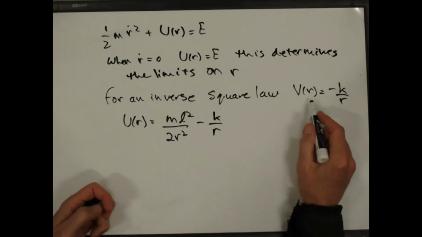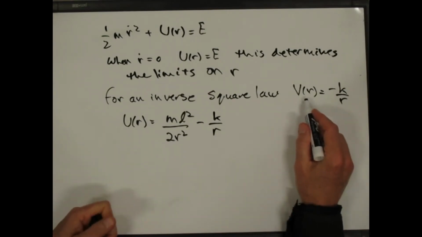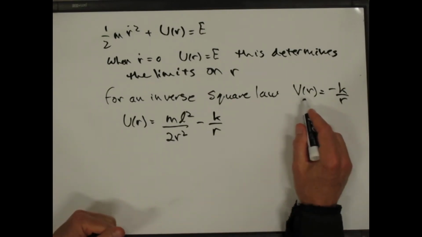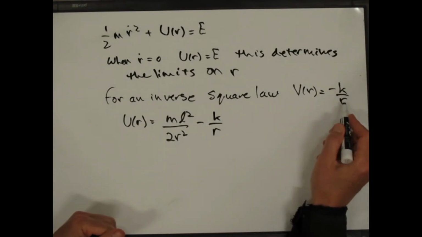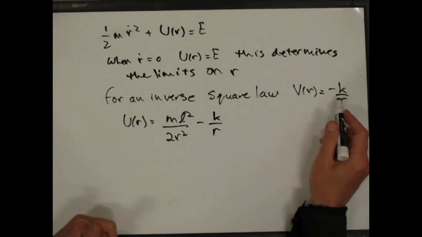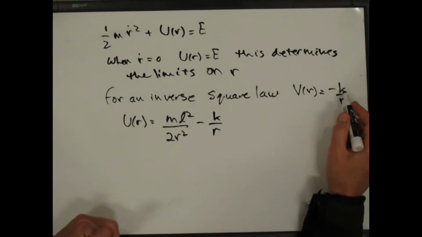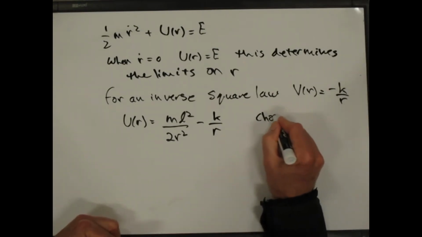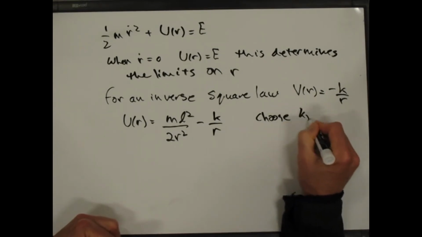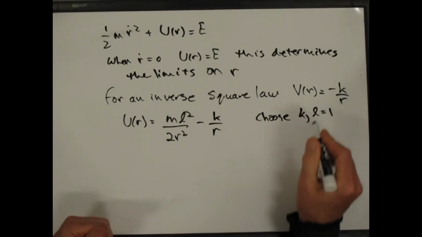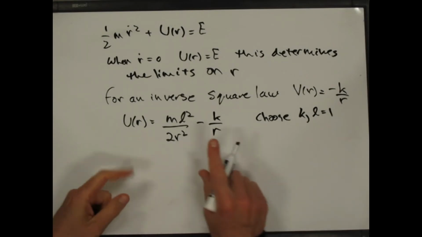And so if we just pick a general form of the equation, and we say, look, the potential energy is just minus k over r, where k is just some constant. We can choose k and L equal to 1, just to make this simple.